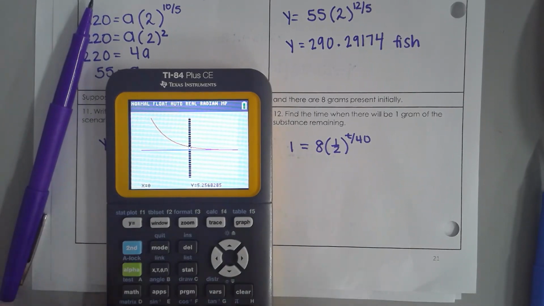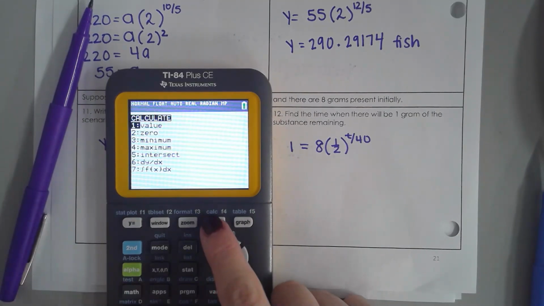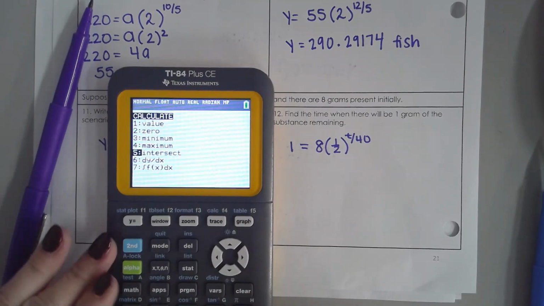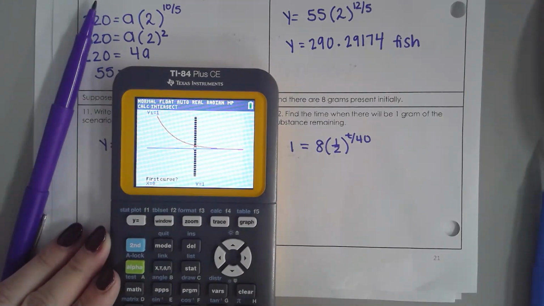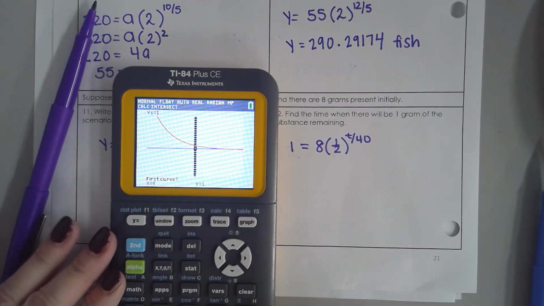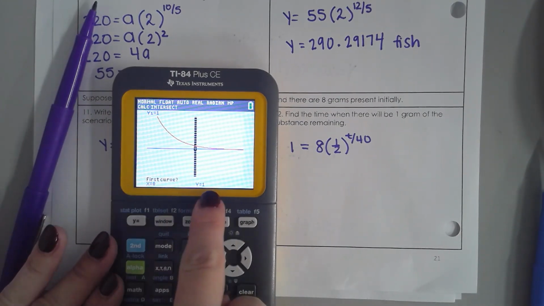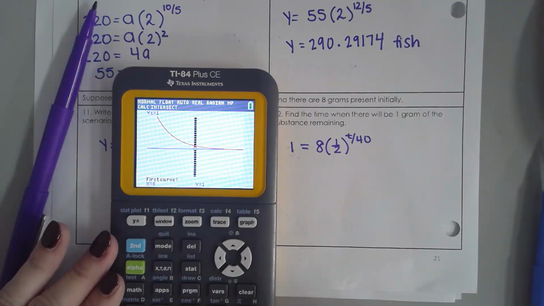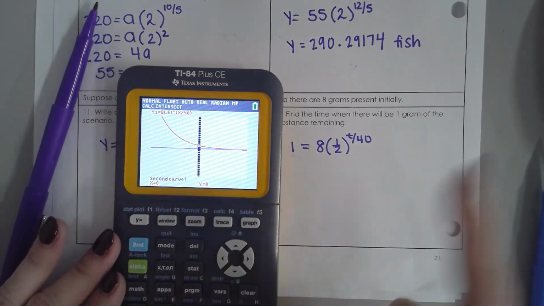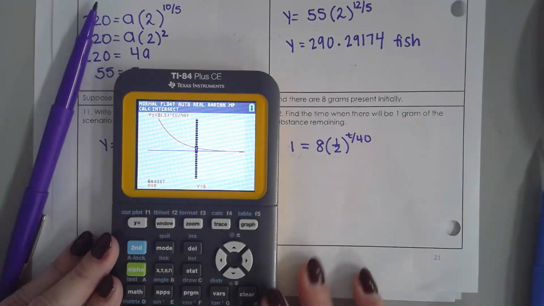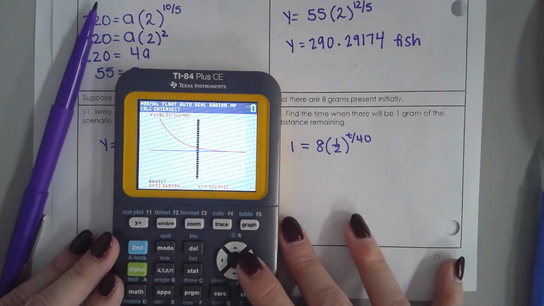To show them crossing, second trace, where it says calc, number 5 is intersect. First curve, my numbers are in blue, that's the blue one, hit enter. The second one, it jumps up to the red, and then guess, go close.